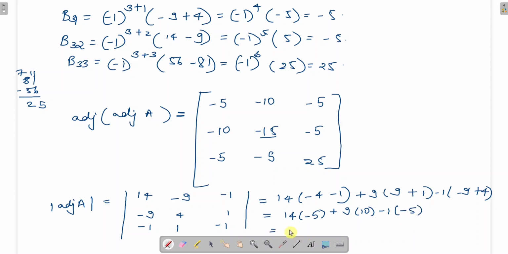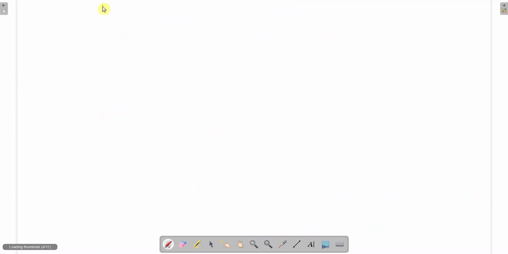So this will be minus 70, plus 90, plus 5. Okay, so 90 minus 70 is 20, plus 5 is 25. So this is not equal to 0, therefore adjoint of A the whole inverse exists.